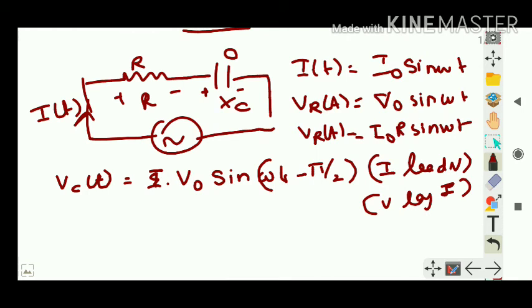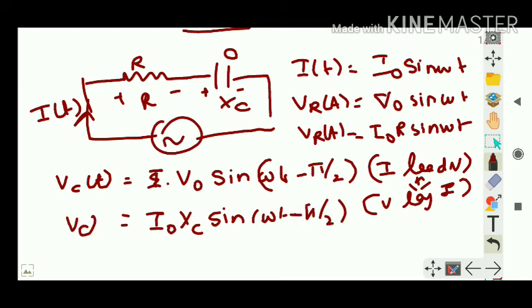Both of them have the same meaning. So in place of V naught, I will write I naught XC sine omega t minus pi by 2. That is our VC of t. So you have an equation for the resistance voltage and the voltage across the capacitor.